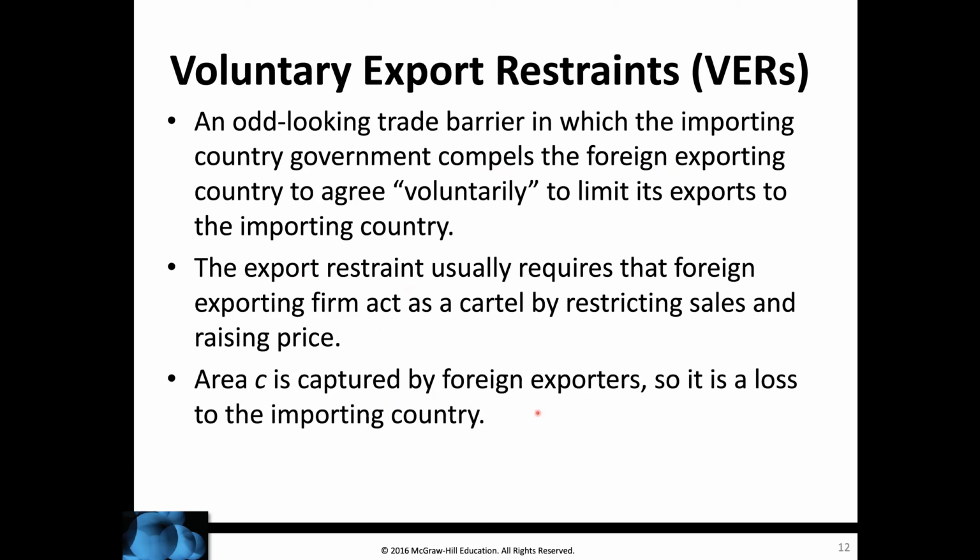So our foreign exporters, the ones that voluntarily restrain the amount of imports coming into the domestic country, they're the ones who will capture C in that example.